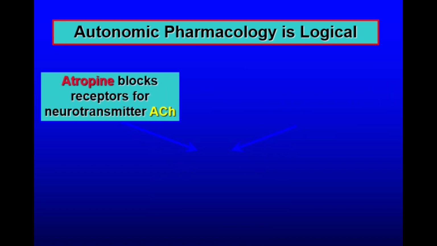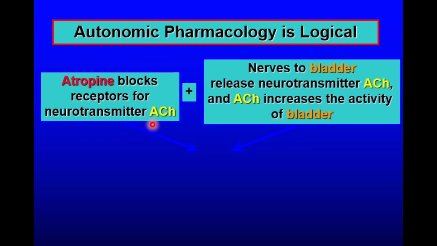For example, if you know that atropine is an antagonist that blocks acetylcholine receptors on smooth muscle, you are also aware that when acetylcholine is released, it will contract bladder smooth muscle.